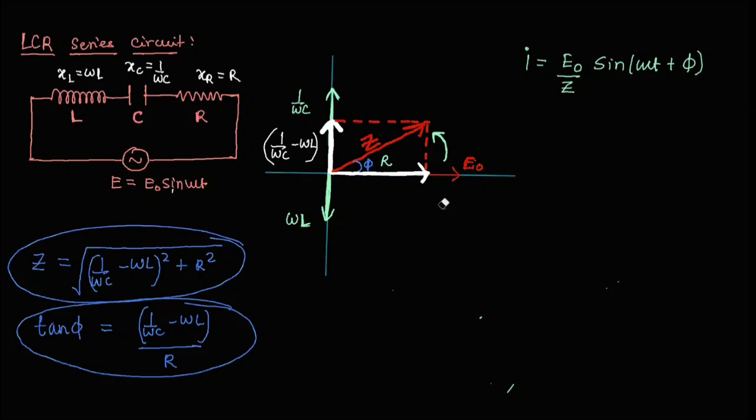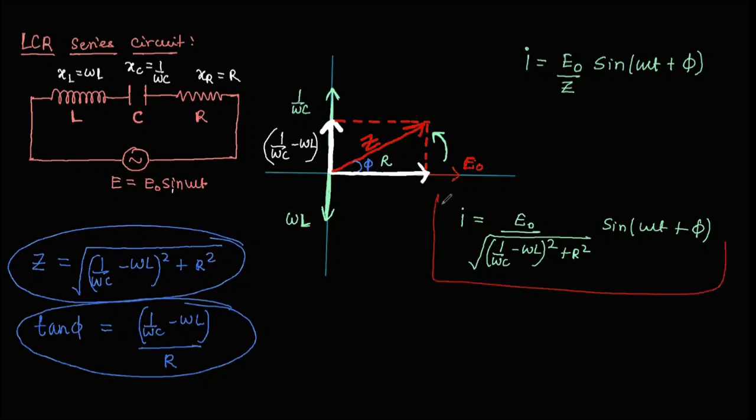Since it is in the anti-clockwise sense, we are writing plus phi, and the expression for current can be written as I is equal to E naught upon the square root of (1 by omega C minus omega L) square plus R square, sine omega t plus phi. So we obtain an expression like this for the value of current in an LCR circuit.